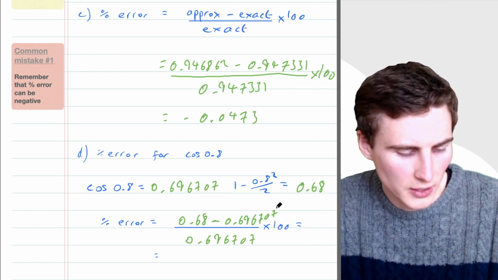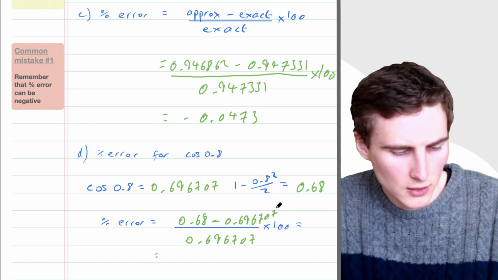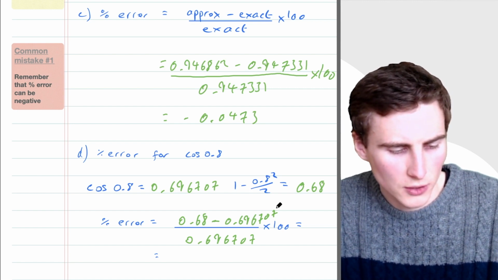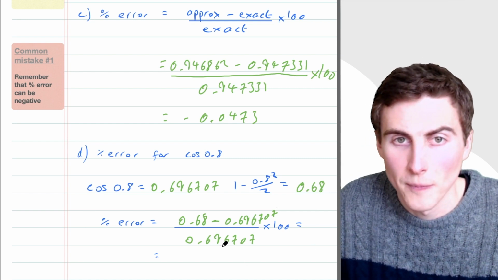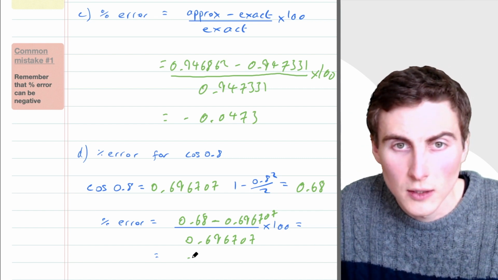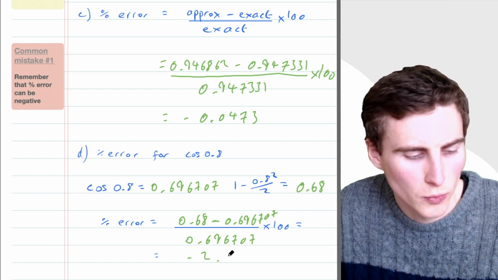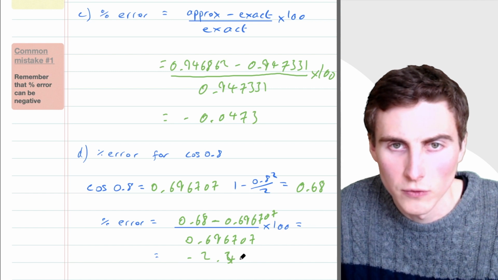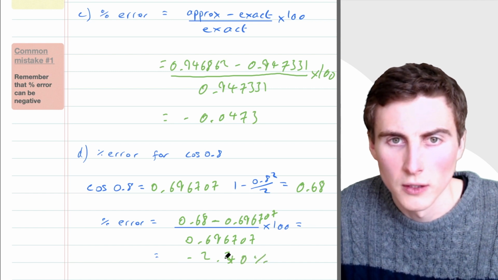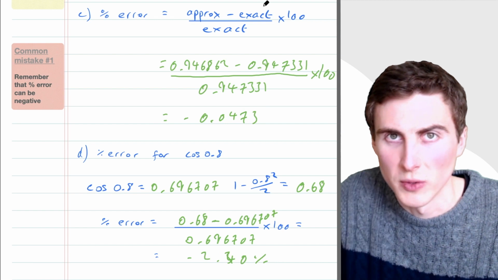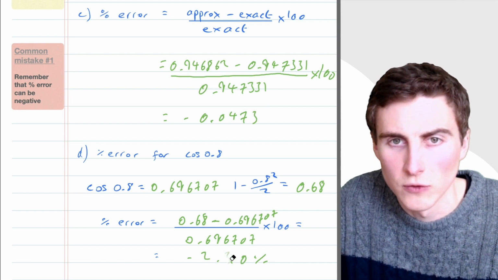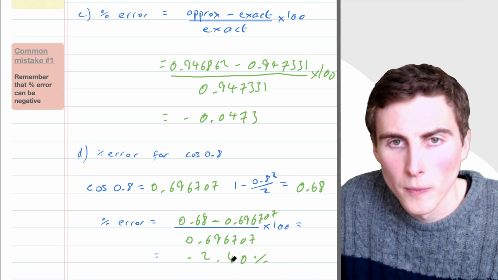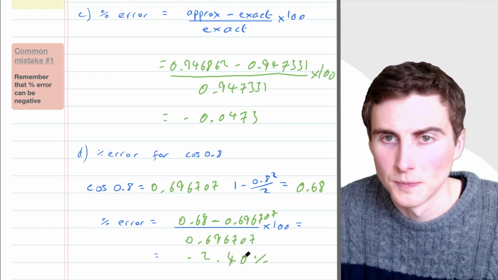And we have 0.68 minus answer divided by answer and times the whole thing by 100. And that now is minus 2.40%. So that's now the percentage error.